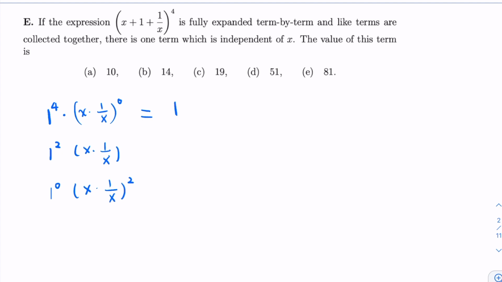In the first case, that's going to be just 1. In this case, the coefficient is going to be 4 choose 2, times 2 choose 1. In this case, it's going to be 4 choose 2.